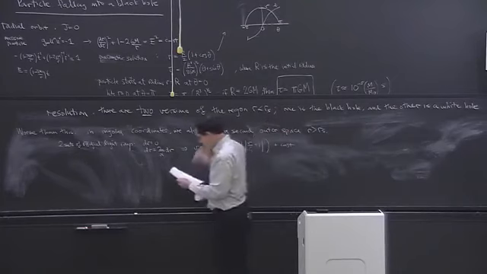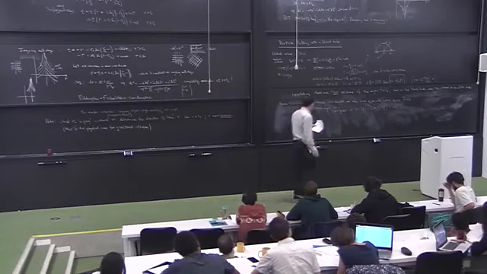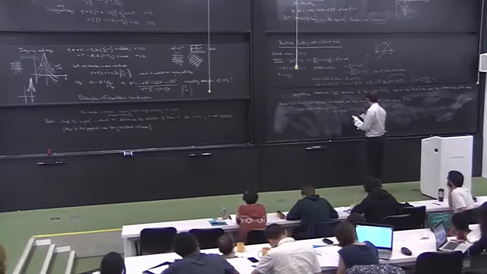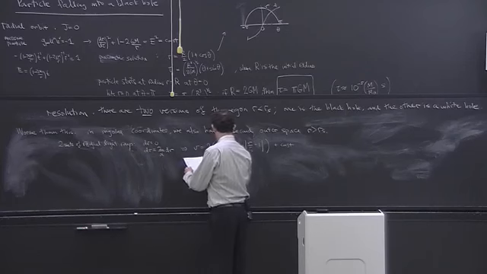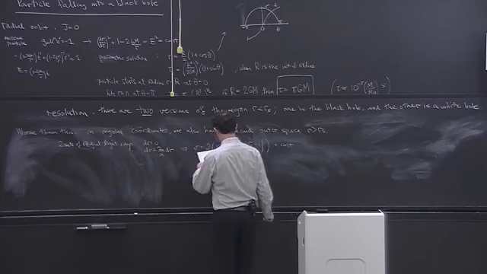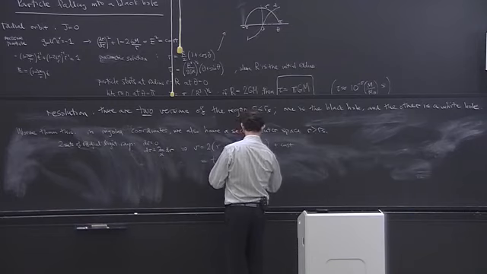Okay, so this set of light rays are not constant in V. And so V is equal to T plus R plus Rs log mod R over Rs minus 1.